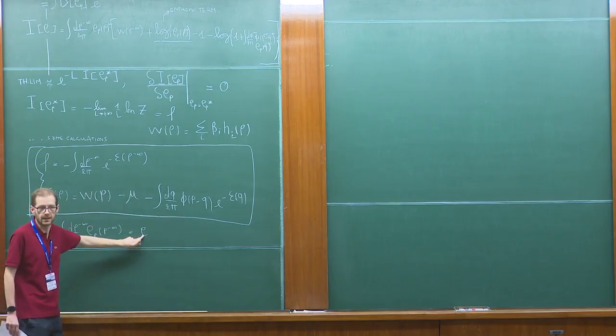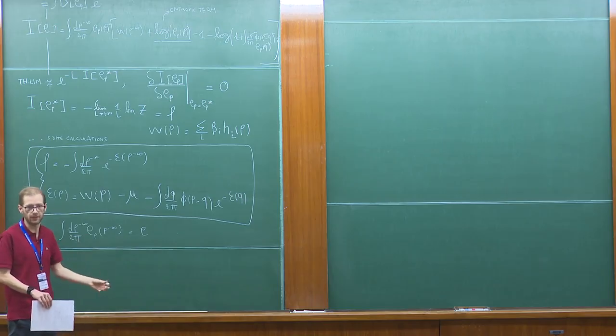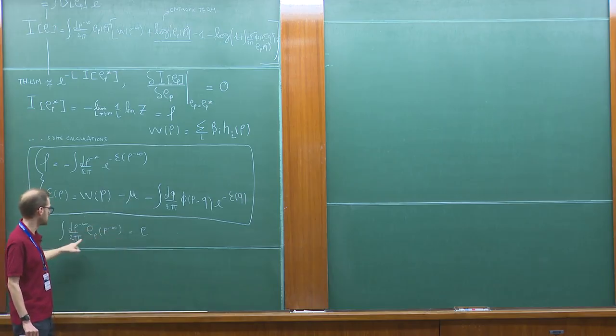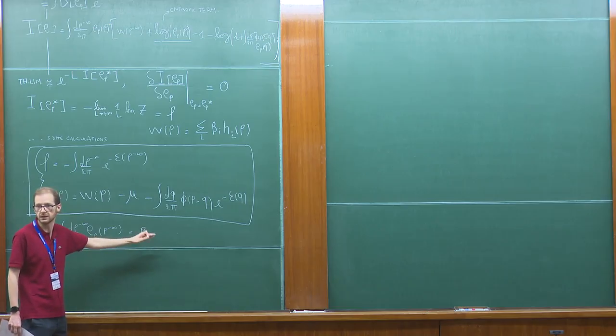This rho is a number. You tell me the density of the gas is 0.7, and the chemical potential is fixed so that the integral of this density in phase space gives the prescribed density, 0.7, okay?